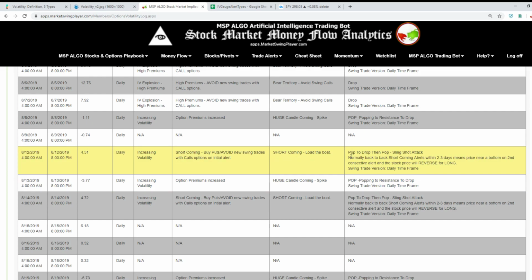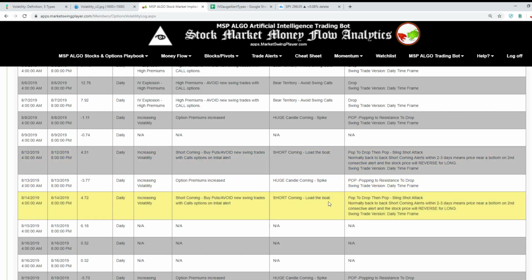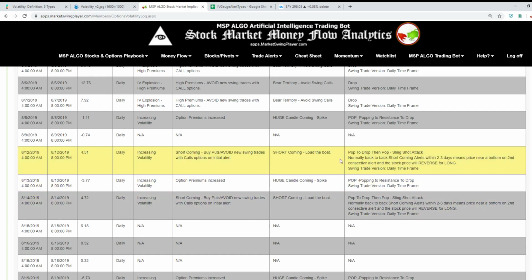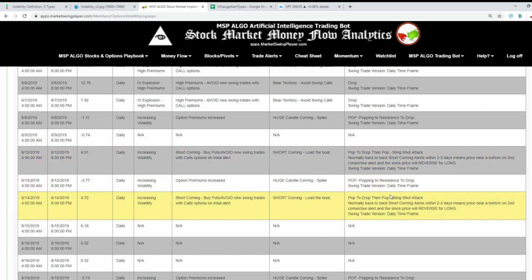Normally, back-to-back shortcoming alerts within 2 to 3 days mean price near bottom on the second consecutive alert, and the stock price will reverse for long. So we're expecting this to pop, and we want to short the rip and load the boat. That's what it's telling us.